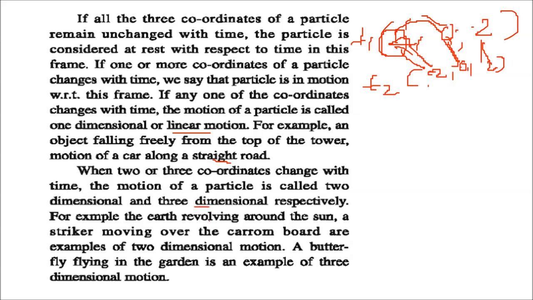The earth revolving around the sun, or the striker moving over the carom board, are 2D motions. But a butterfly is free to move in any direction, so it may be changing all the x, y, z positions. Then we say that the butterfly is flying in 3-dimensional motion.